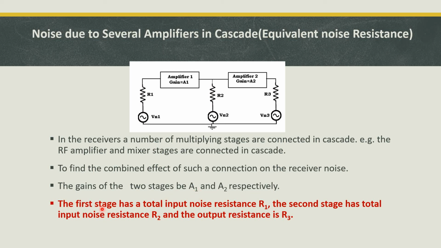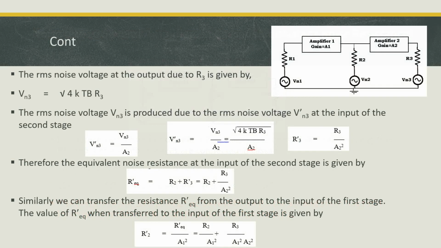The first stage has a total input noise resistance R1, the second stage has a total input noise resistance R2, and the output noise resistance is R3. So now the RMS noise voltage at the output due to R3, the output noise voltage is VN3, with the corresponding value square root of 4kTB R3.